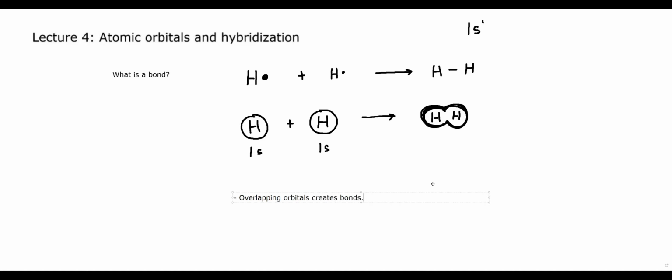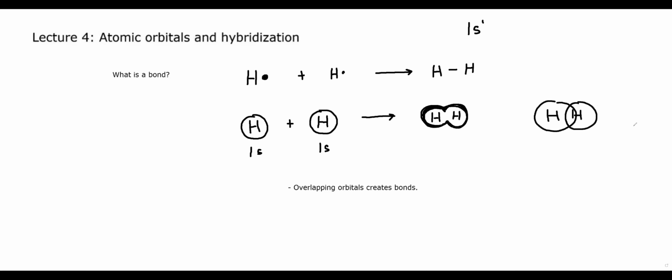So we have this 1s orbital on these two hydrogen atoms, and they come together and they overlap to create a chemical bond. I'll draw it over here again. We have this 1s orbital, and then I'm going to draw another H with another 1s orbital. They overlap and they create this shared connection, this chemical bond.